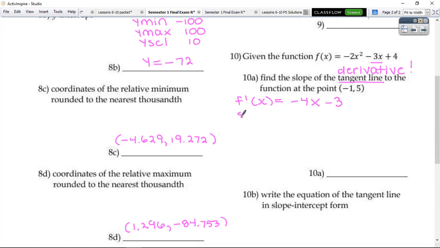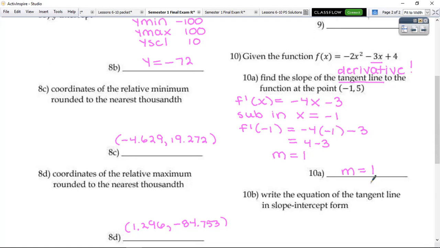So I'm going to sub in x equals -1. So f prime -1 is equal to -4 multiplied by -1 minus 3. So this is equal to 4 minus 3, which means our slope is just going to be 1. So m is equal to 1.